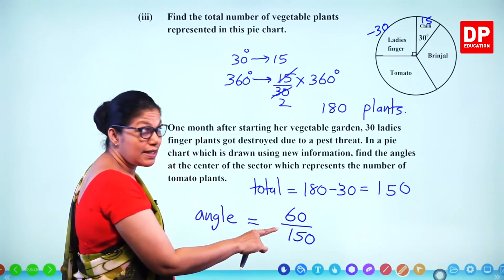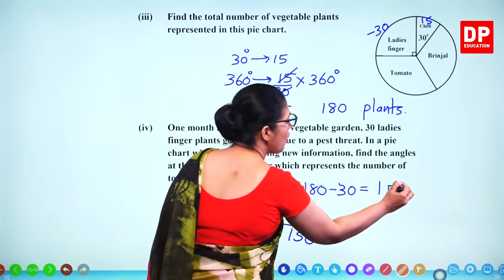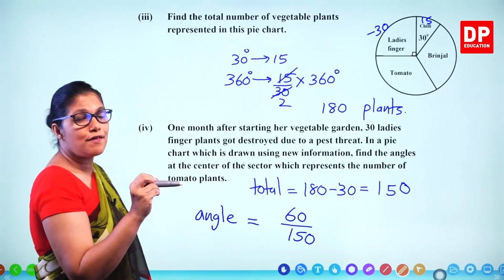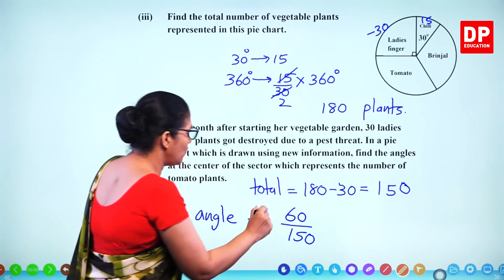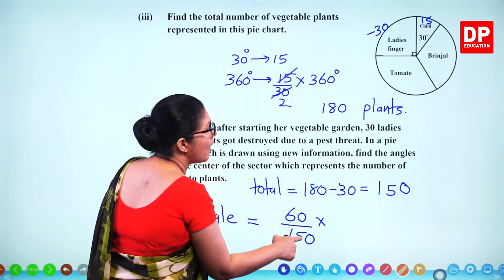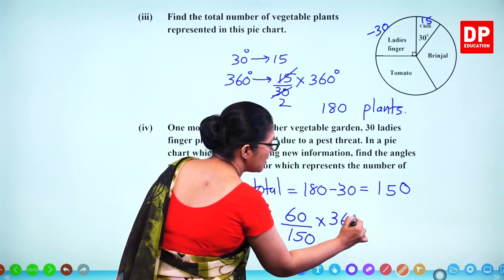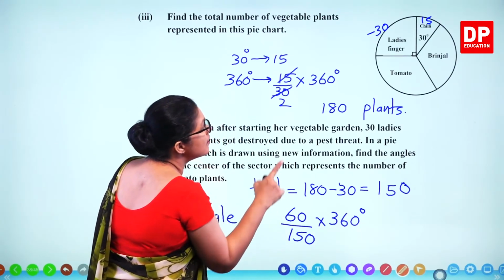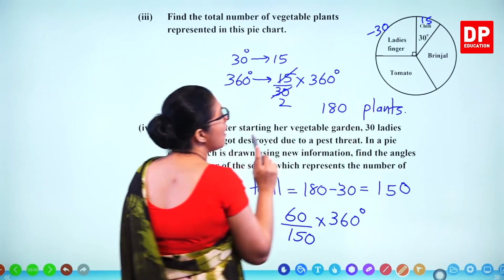So now the total is not 180, that's 150. So we can find out the angle. The fractional part times 360 is the angle of this tomato part.